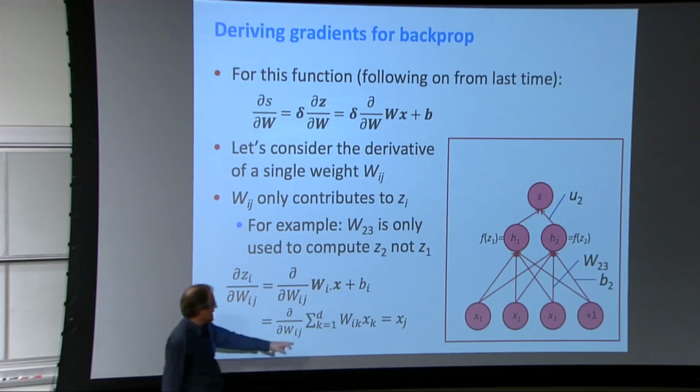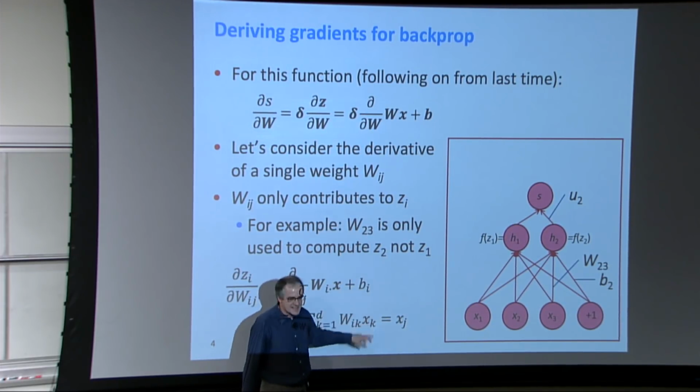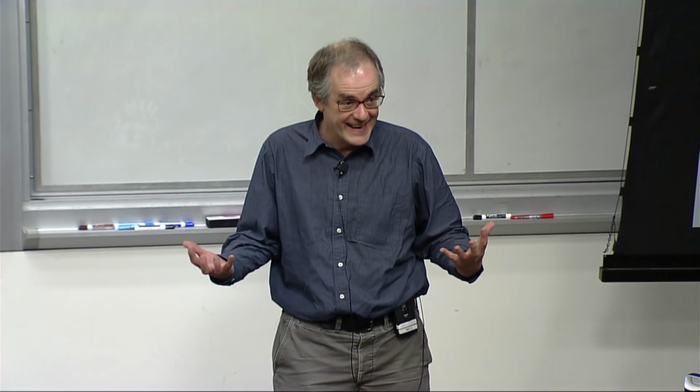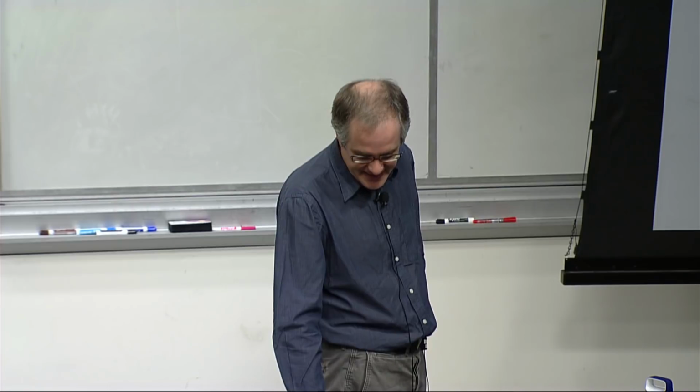So we have a term here which is Wij times xj, and its derivative with respect to Wij is just xj. Does that make sense? Everyone believe it? Fingers crossed? Okay. So for one element of this matrix, we're just getting out xj.